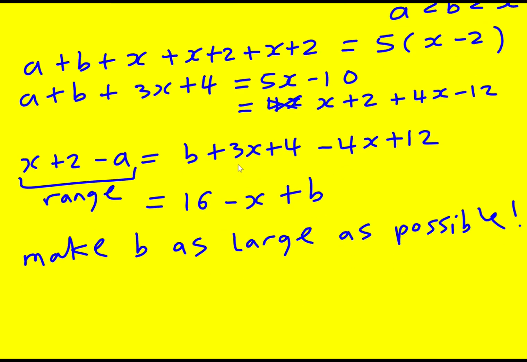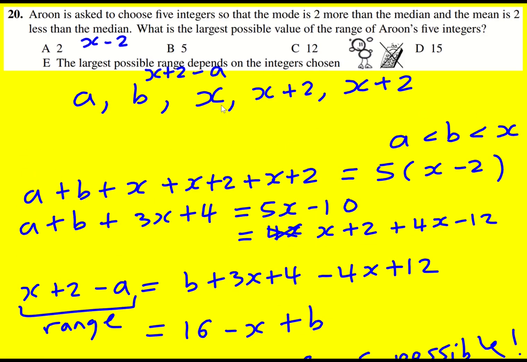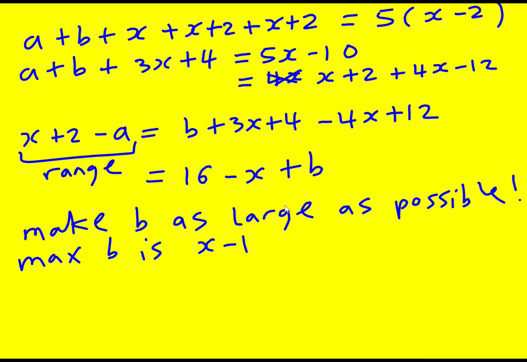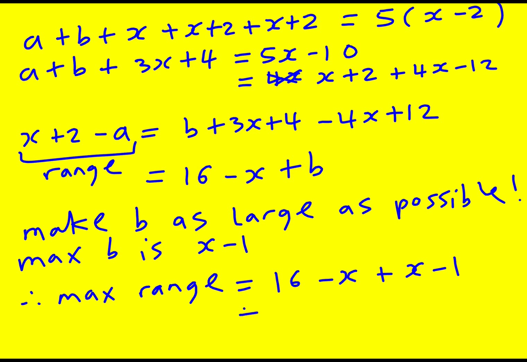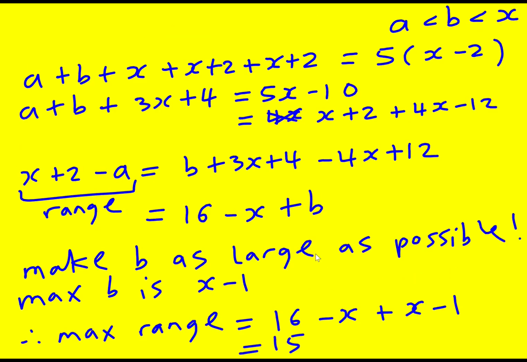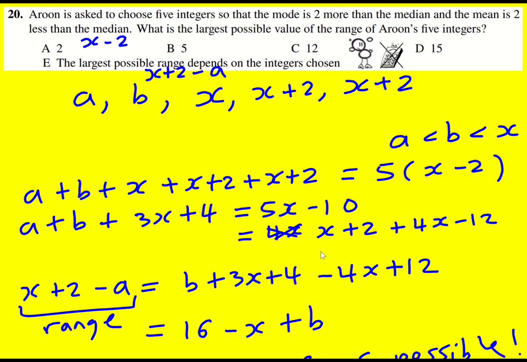So the largest it can be, so max b is actually going to be x minus 1, because it has to be less than that x term. And therefore the maximum range is going to equal 16 minus x plus x minus 1, which is going to give me 15. That's the maximum possible range.